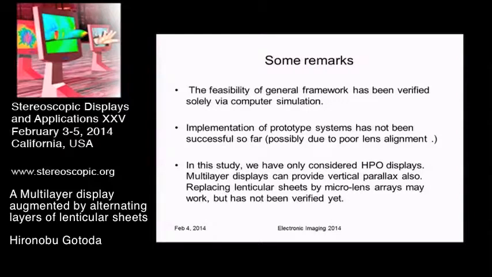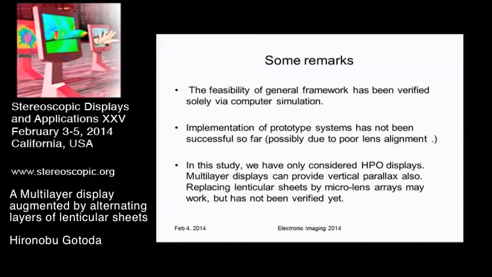I tried several times to implement this on a physical display, but I have not been so successful. This is probably due to poor lens alignment, I think. So theoretically, it seems to work, but practically, I have not observed the right scene or verified the real images.